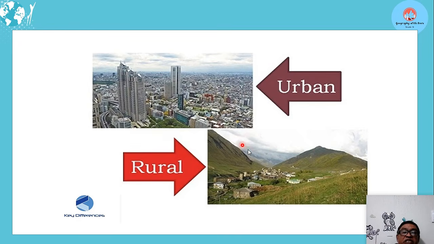We just see lots of open spaces, vegetation around the area, possibly farming, etc. So it's basically concentrated on primary activities, extraction of raw materials, or using the earth to plant crops.